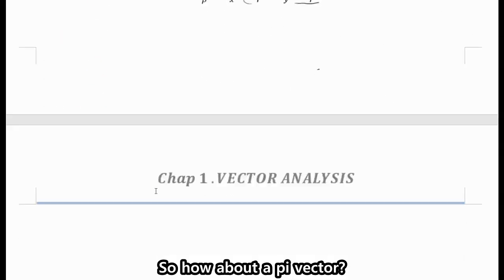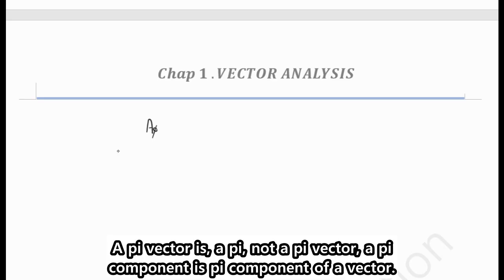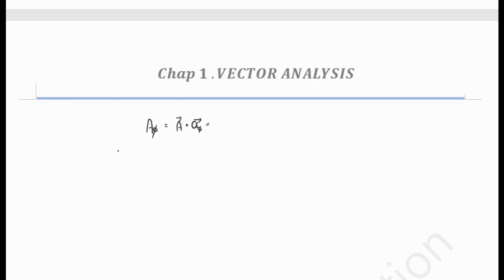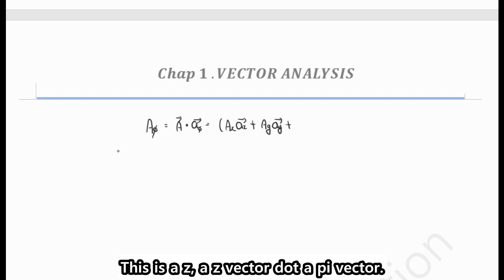So how about A phi? The A phi component is the phi component of the vector. A vector is Ax a_x vector plus Ay a_y vector plus Az a_z vector, dot a_phi vector.